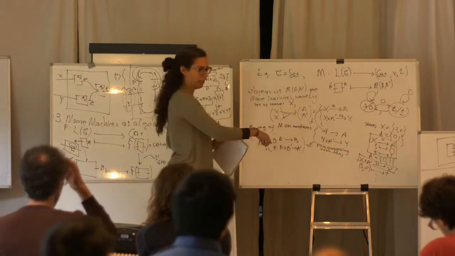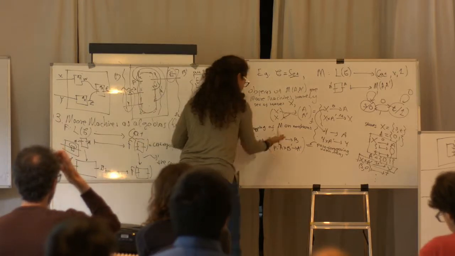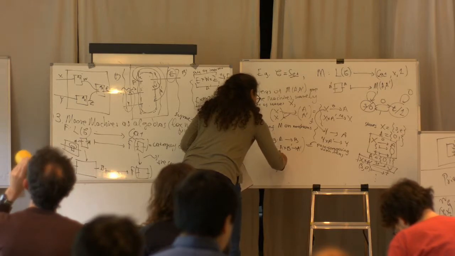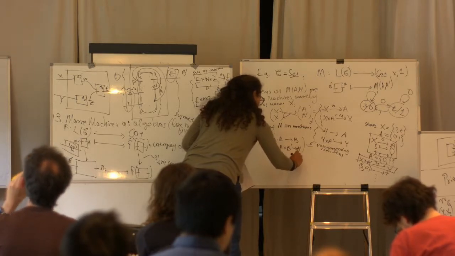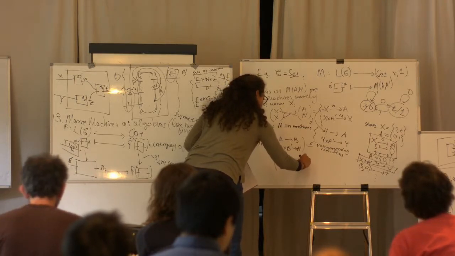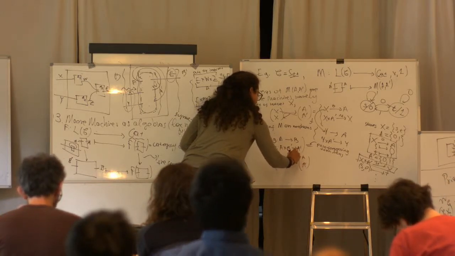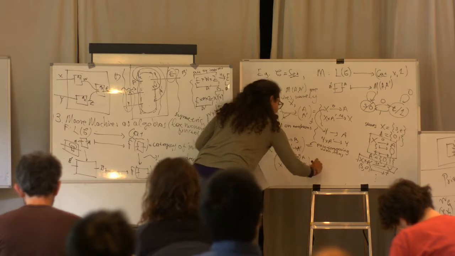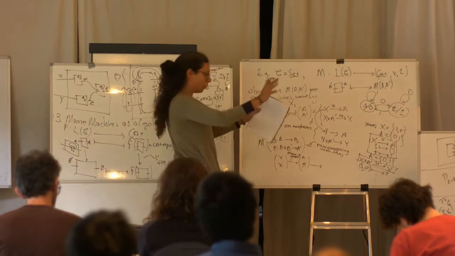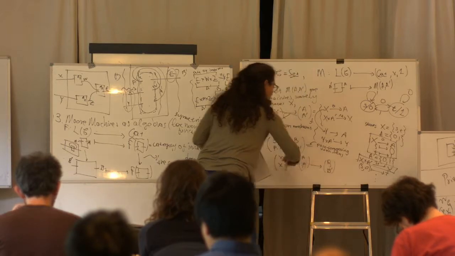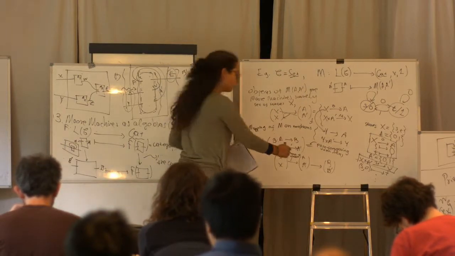This is not the description that, it's the same thing, but it's not the way that this was introduced. That goes from X, X to A, A prime. This is my Moore machine, right? This is the initial Moore machine on the inside box. And then given a lens, which gets you to the outside box, the only thing you need to do is actually lens compose those two lenses.